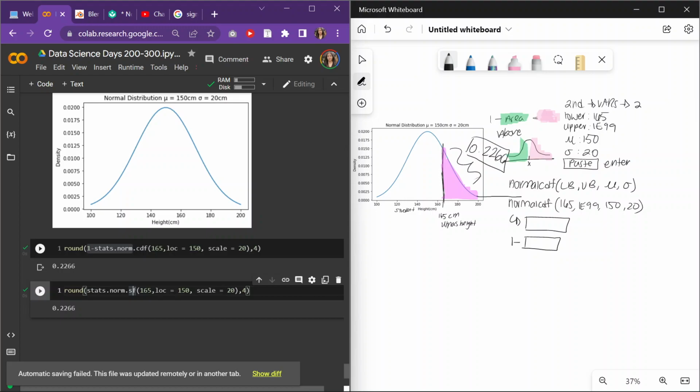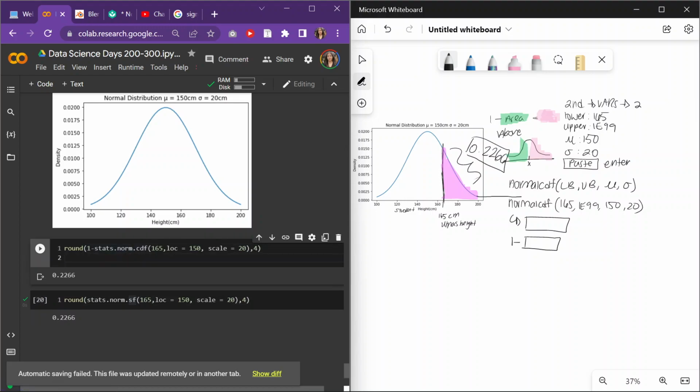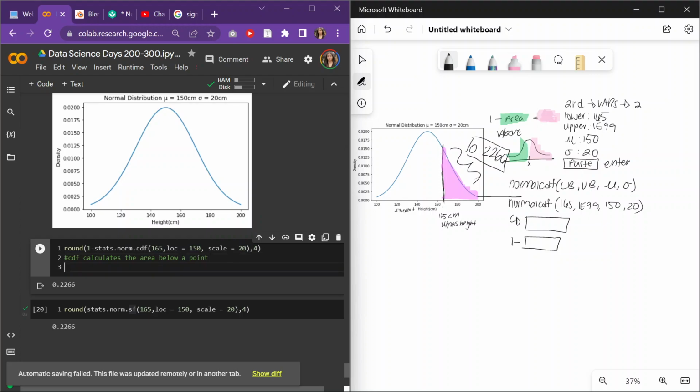So SF is basically the opposite of CDF. CDF in general calculates the proportion, or the area, below a point, always. But 1 minus CDF calculates 1 minus the area below a point, which is the same as the area above a point.